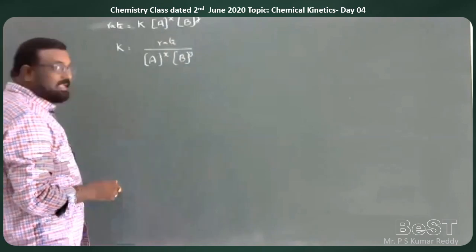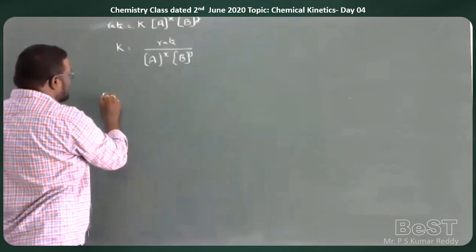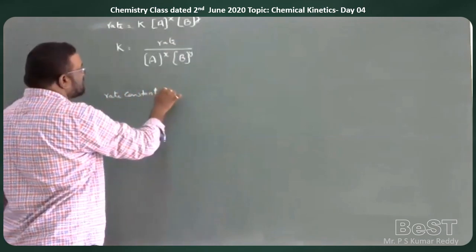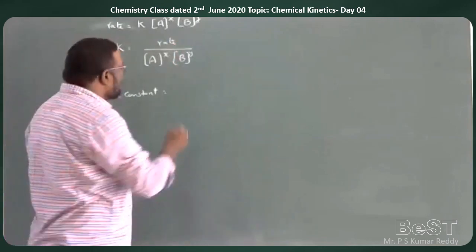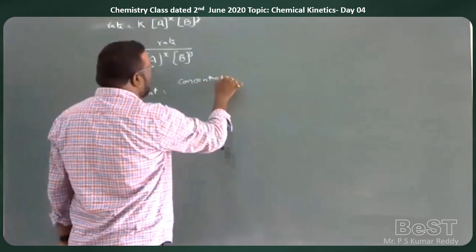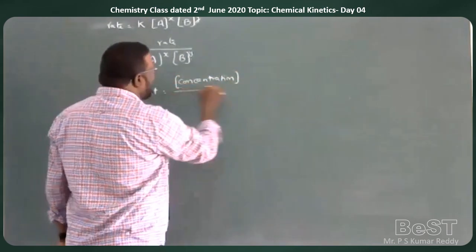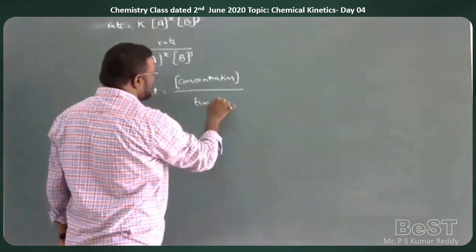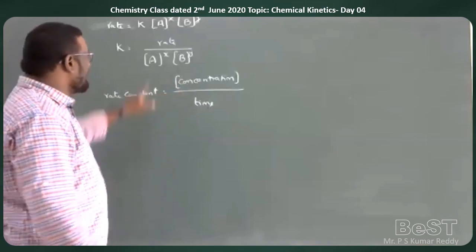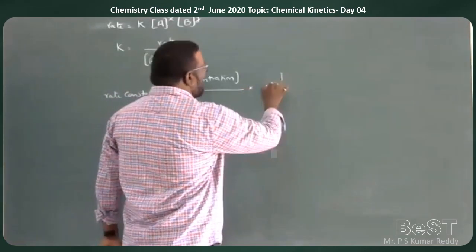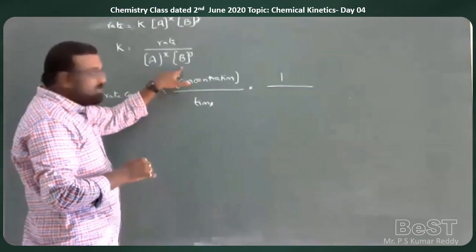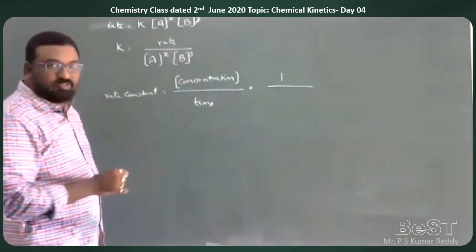Now, when we are taking the dimensions, this is the rate constant. Rate is equal to concentration of the reactant by time taken. Why? Because we have this relationship. This is nothing but concentration, and here x and y are saying something about the order of the reaction.